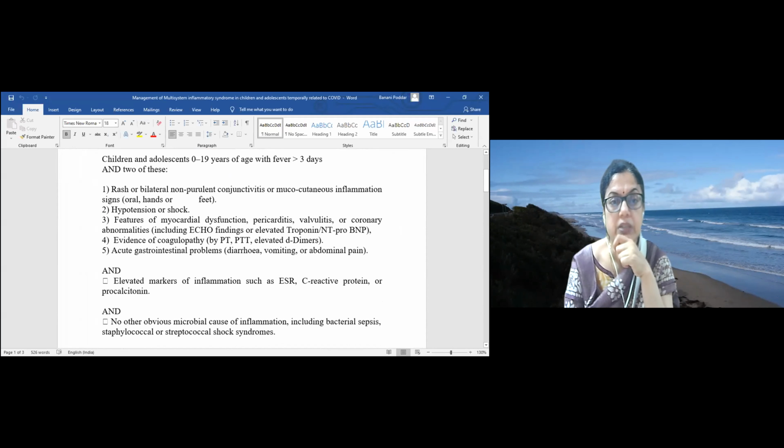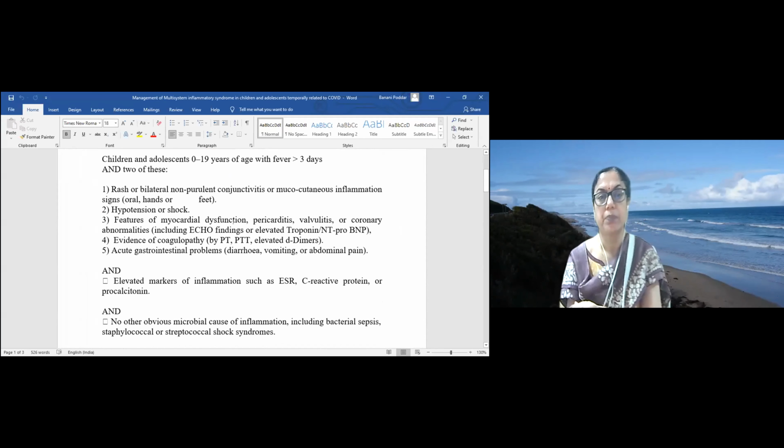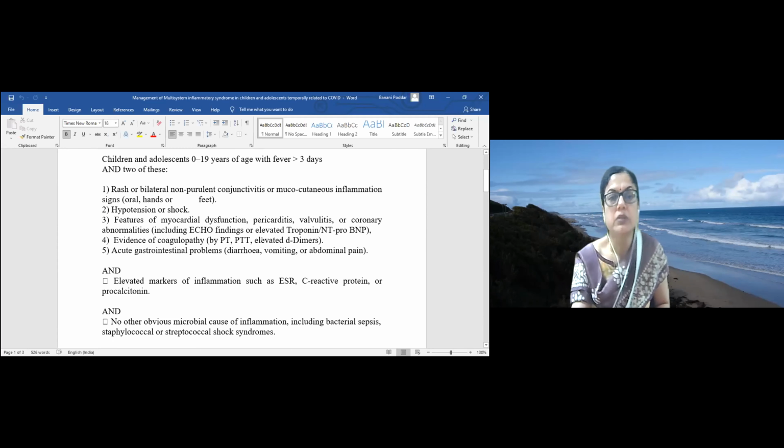Any two of these: rash or bilateral conjunctivitis or mucocutaneous inflammation, hypotension or shock, features of myocardial dysfunction, pericarditis, valvulitis, or coronary abnormalities, evidence of coagulopathy, mostly an elevated D-dimer, acute GI problem like diarrhea, vomiting, abdominal pain.